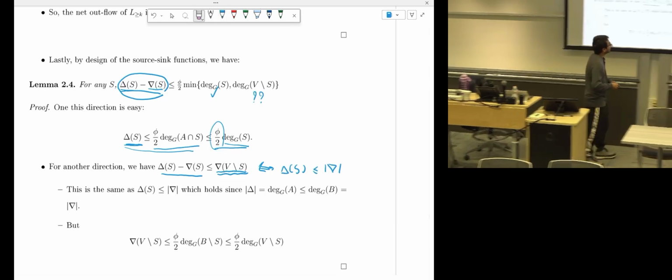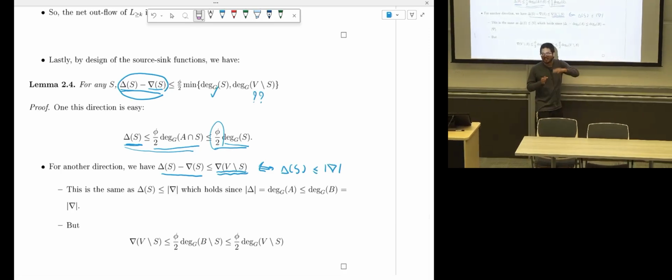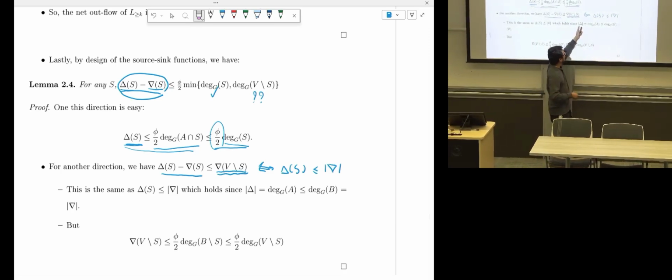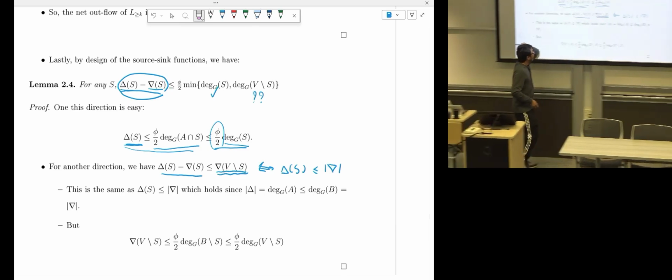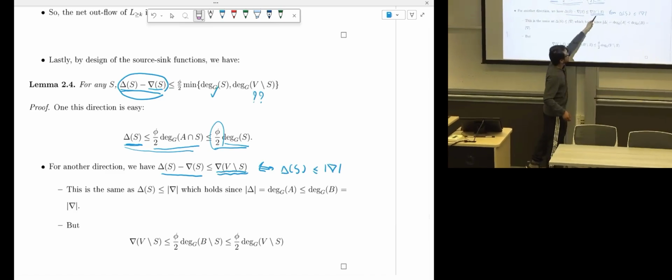But we have that A is smaller than B. This is why I need A to be smaller than B. So even the total source is smaller than the total sink, so this part is smaller than the total sink. So we have that this bound is at most this.